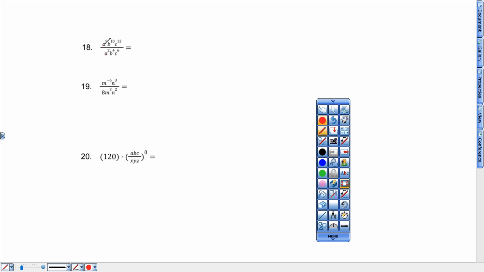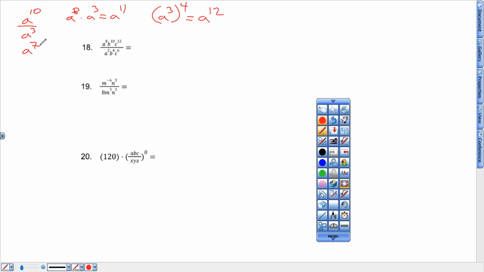The only time you don't minus is if they were multiplied, then you plus them. And the other one, like we were just doing, is when you have an exponent to an exponent. That's the only time you ever multiply. Everything else is either adding, or if you got something like this, subtracting.